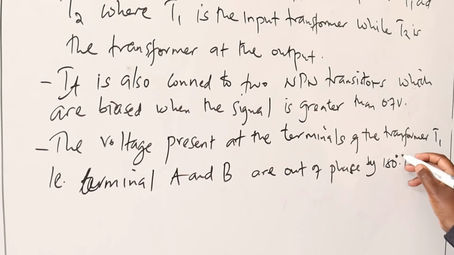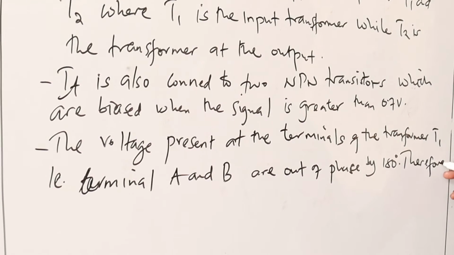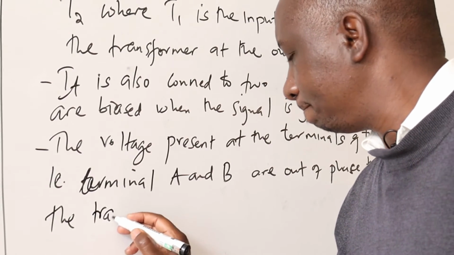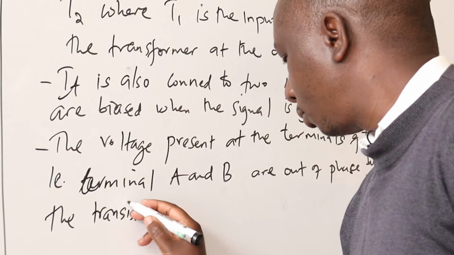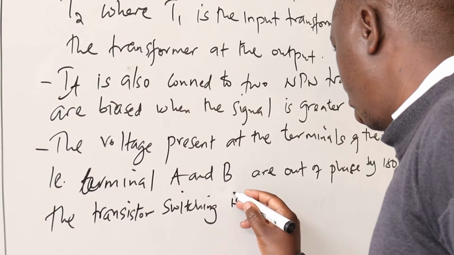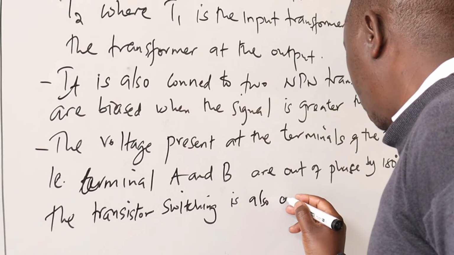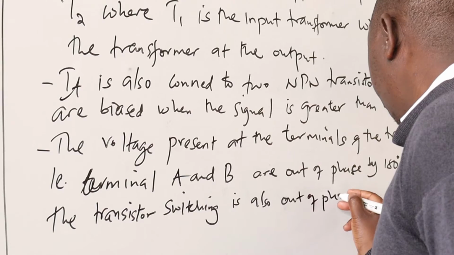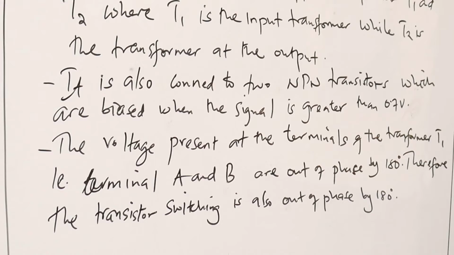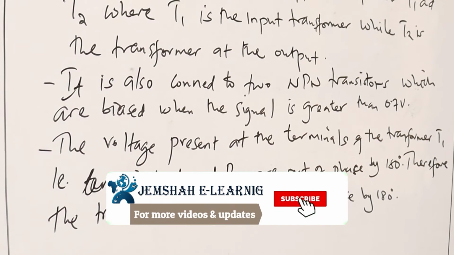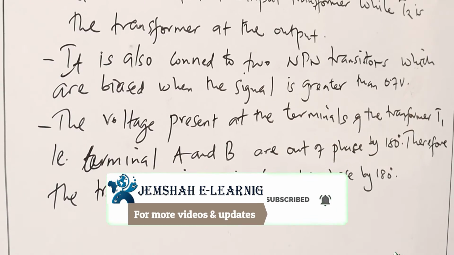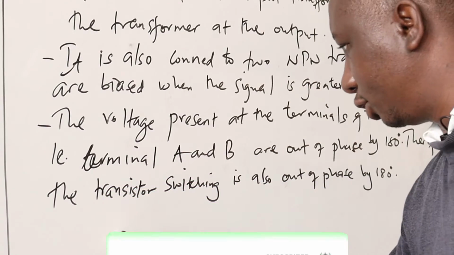So therefore, the transistor switching is also out of phase by 180 degrees. You can have the operation of class B.